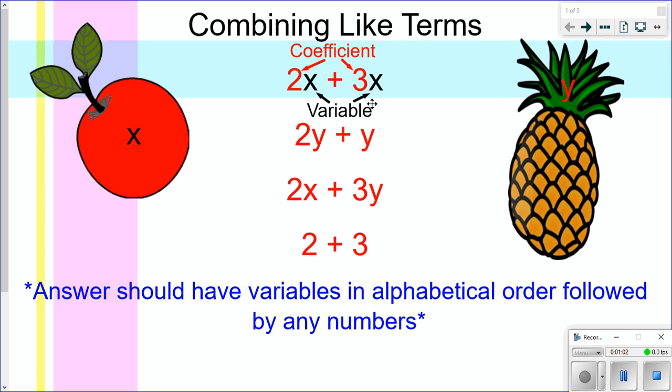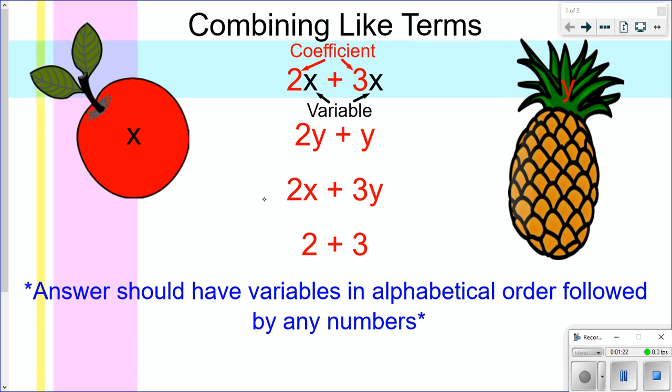So now you're probably wondering, why is there an apple and a pineapple on the screen? Well, when I teach combining like terms, I like to talk about apples and pineapples, as weird as that might sound. If you're combining like terms, you can only combine things that are alike. That's why it's called like terms.